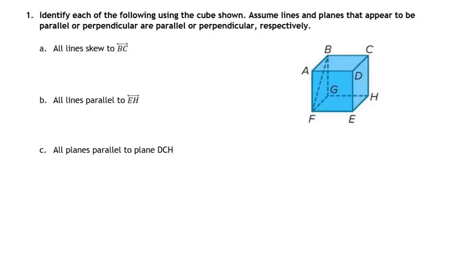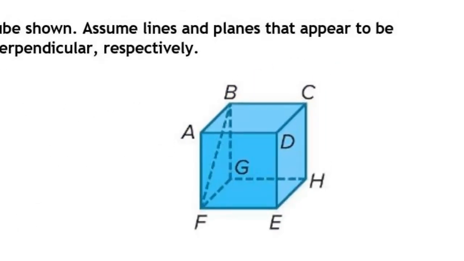Identify each of the following using the cube shown. Assume lines and planes that appear to be parallel or perpendicular are parallel or perpendicular, respectively. We want to name all the lines that are skew to line BC. BC is this back here.